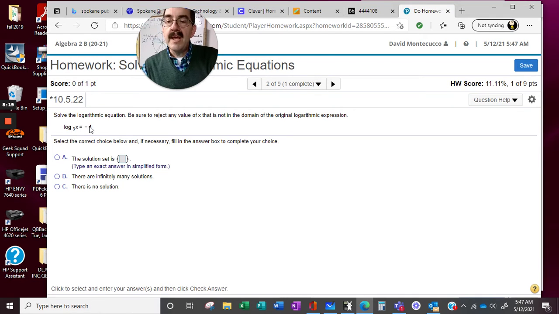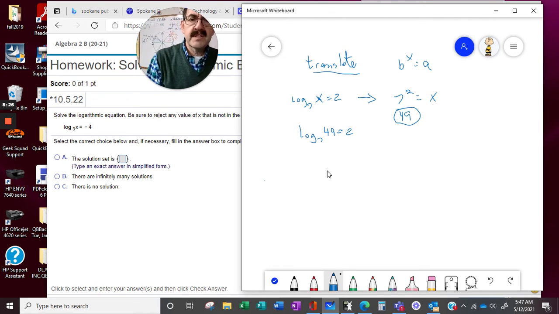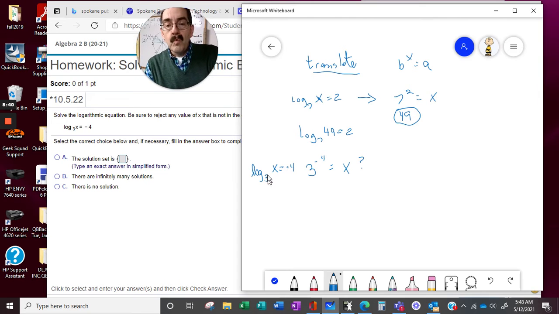3 to the negative 4 equals x. So how did I get that? Log base 3 of x equals negative 4. So in other words, what number does this satisfy?